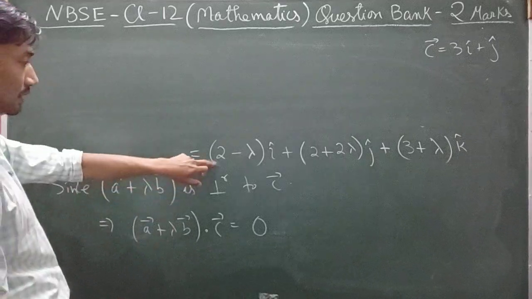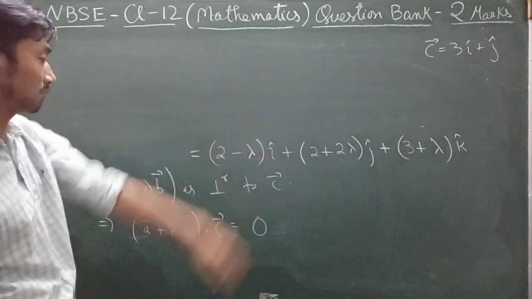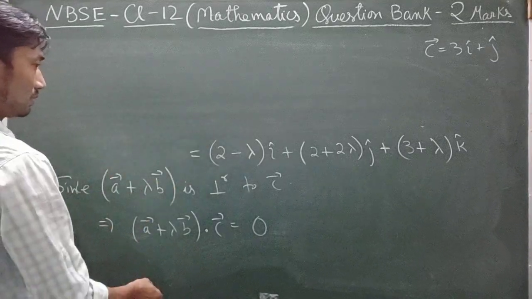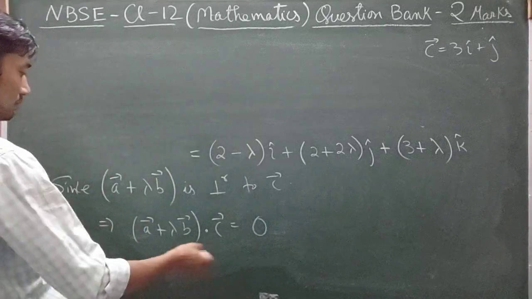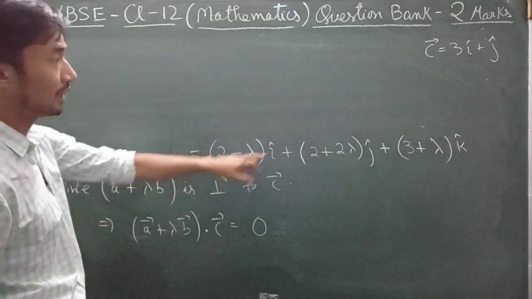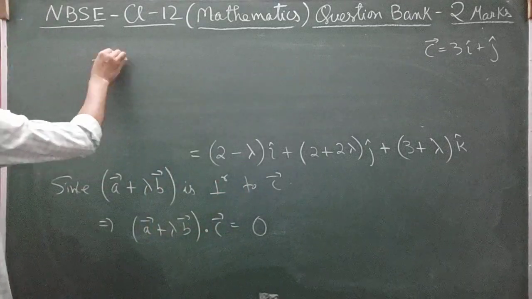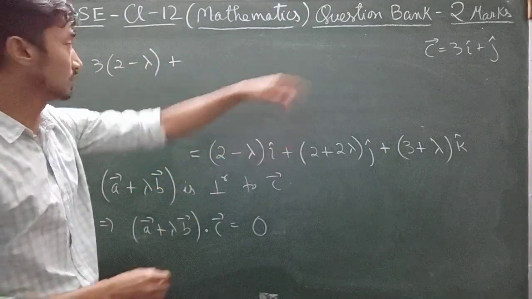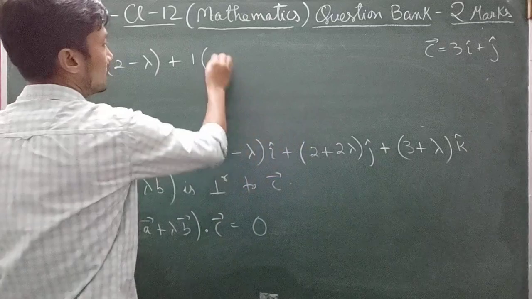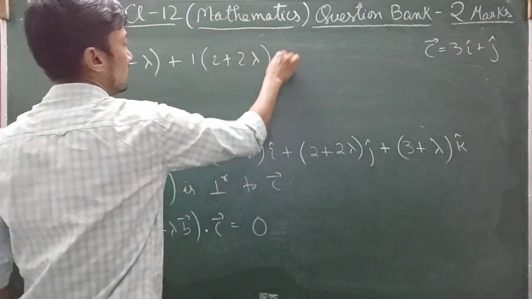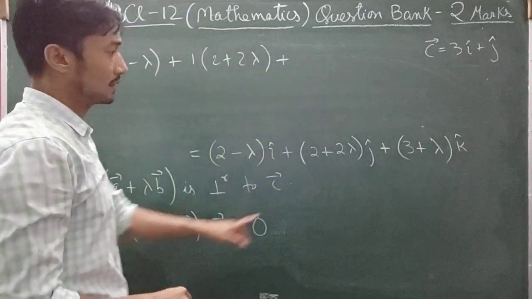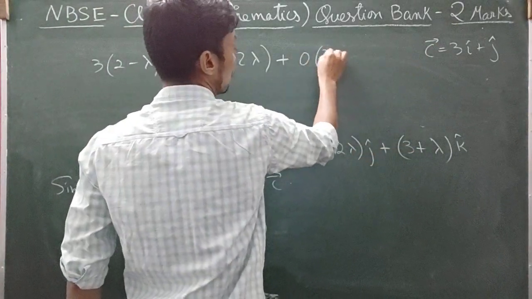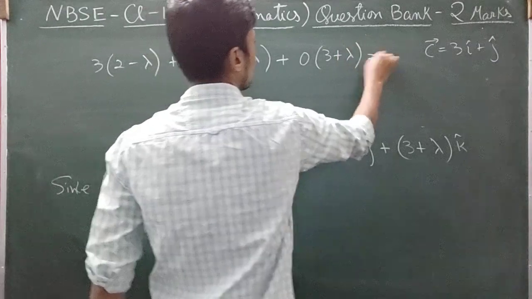This is my vector and C vector is 3i plus j. So that's going to be 3 into (2 minus lambda) plus, j is 1 there, 1 into (2 plus 2 lambda) plus, there is no k there, so 0 into (3 plus lambda), is equal to 0.